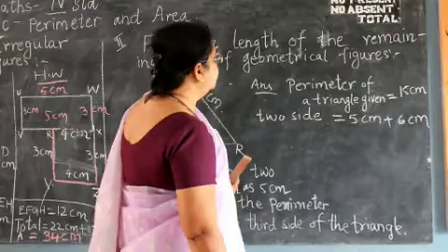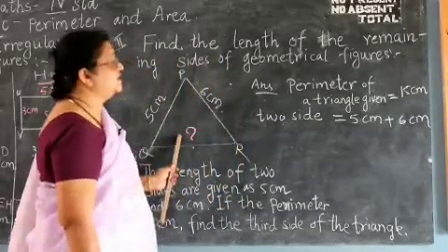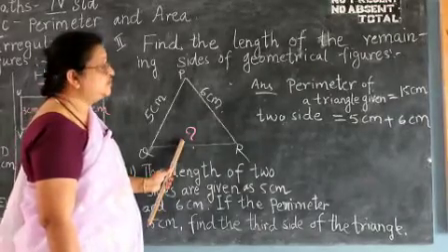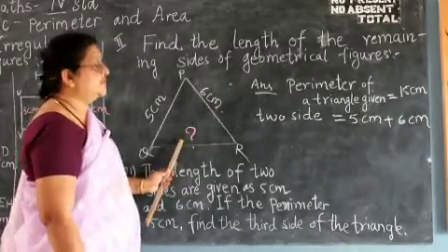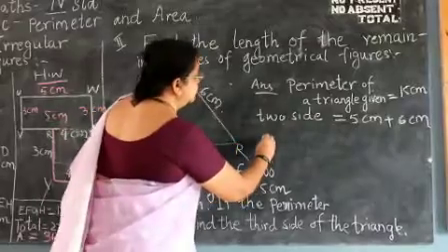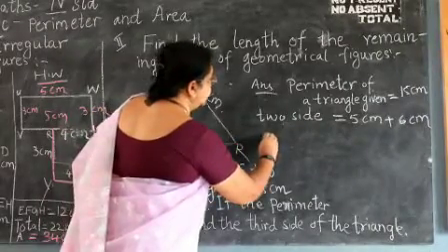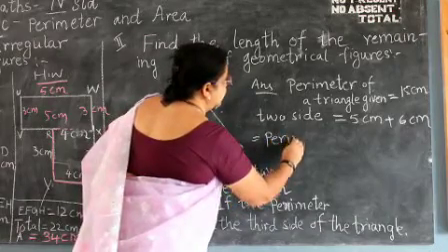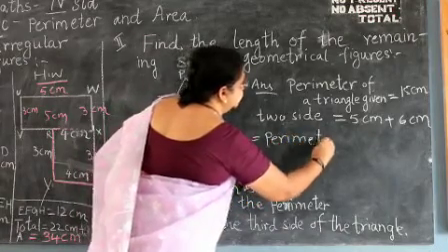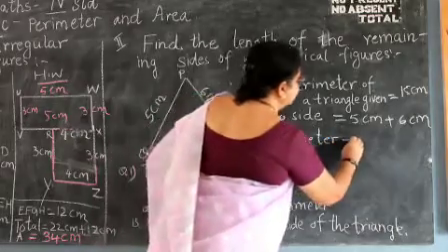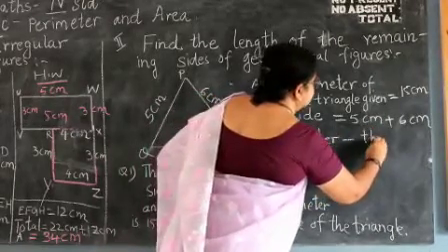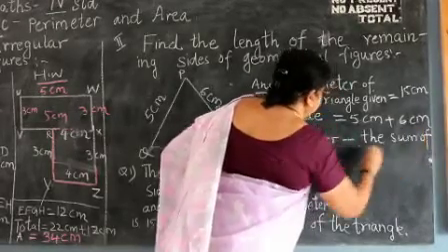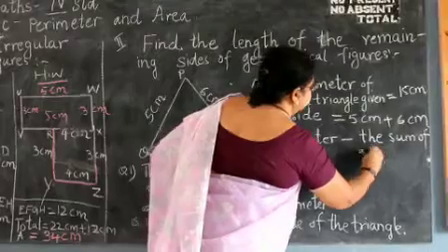Okay, so now how will you get the third side? Very simple, children. You have to just look towards the board. What is the method? You have to do perimeter minus the sum of two sides of a triangle.